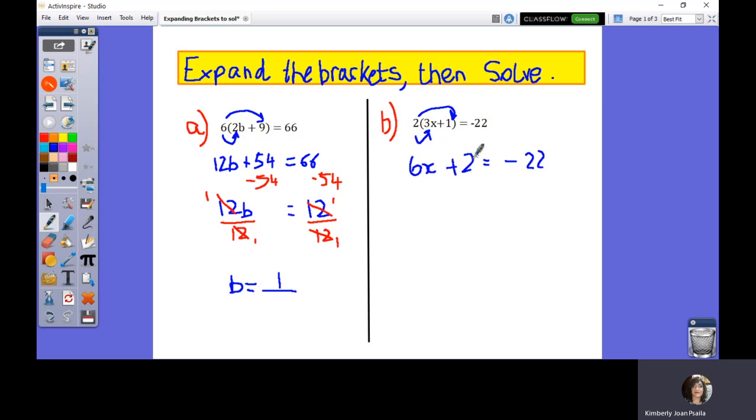Now we have to get rid of this positive 2 by subtracting 2 on the left, and subtracting 2 on the right, and we are left with 6x.